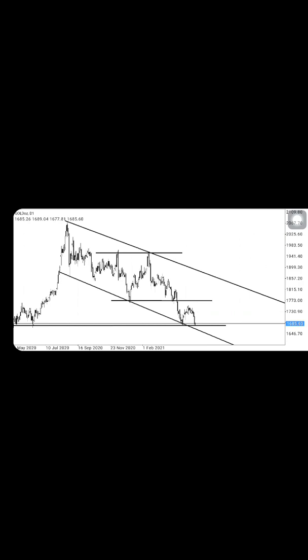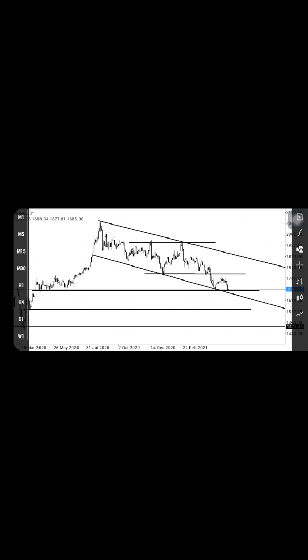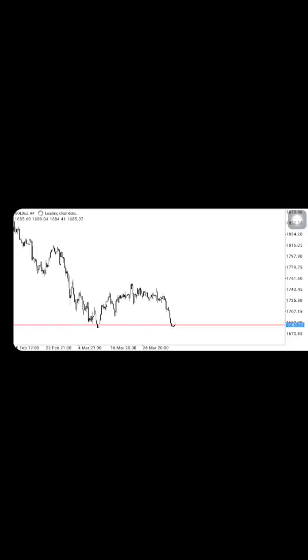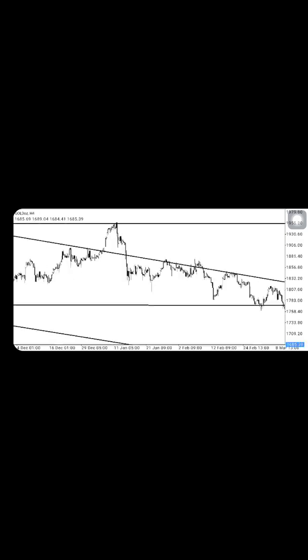Now that we have our channel on the daily chart, we can go to the smaller time frames to see if we have other confirmations. We go to the H4 just to check what we have here.